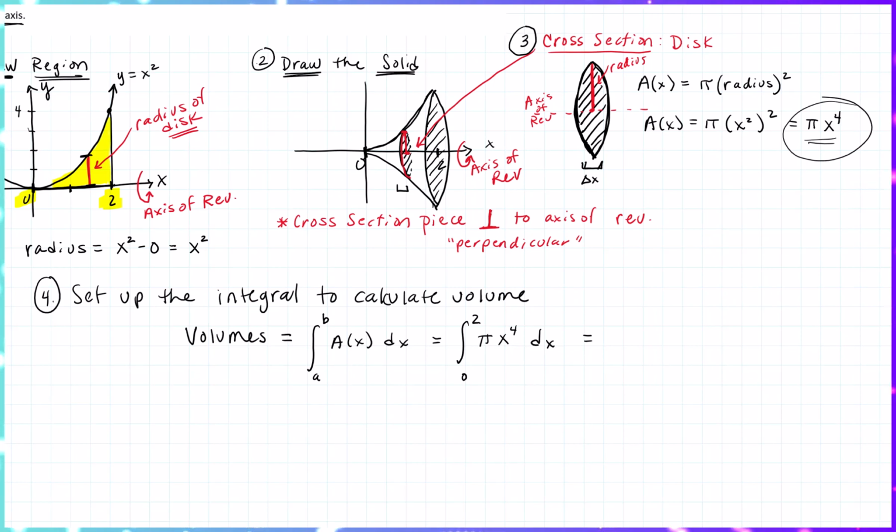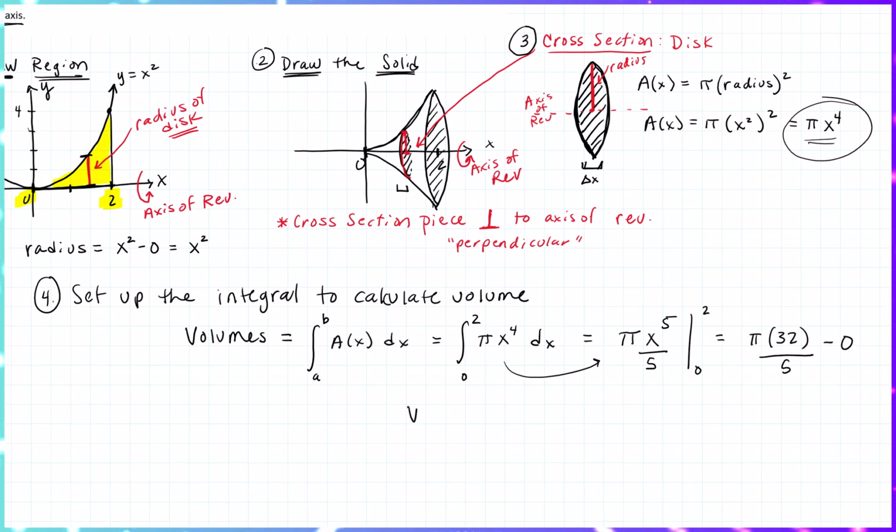So this is a simple integral just using our basic integration strategy. So let's go ahead and do it. It's going to be pi times x to the 5th over 5. And we're going to evaluate that from 0 to 2. And so we're going to end up with pi times 2 to the 5th, which is 32 over 5, minus 0.